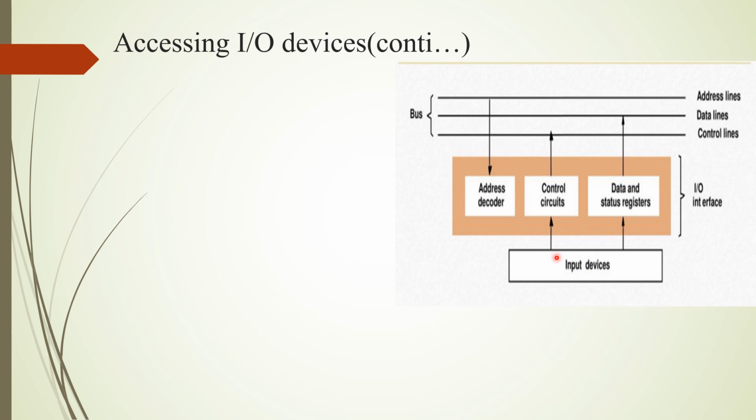Consider a diagram. Here it is very clear that an IO device, here I have considered an input device, is connected to the bus of a computer system with the help of an IO interface. Here the bus consists of three sets of lines: address lines, data lines, and control lines. And this IO interface is a module required to connect the IO device with the computer system.